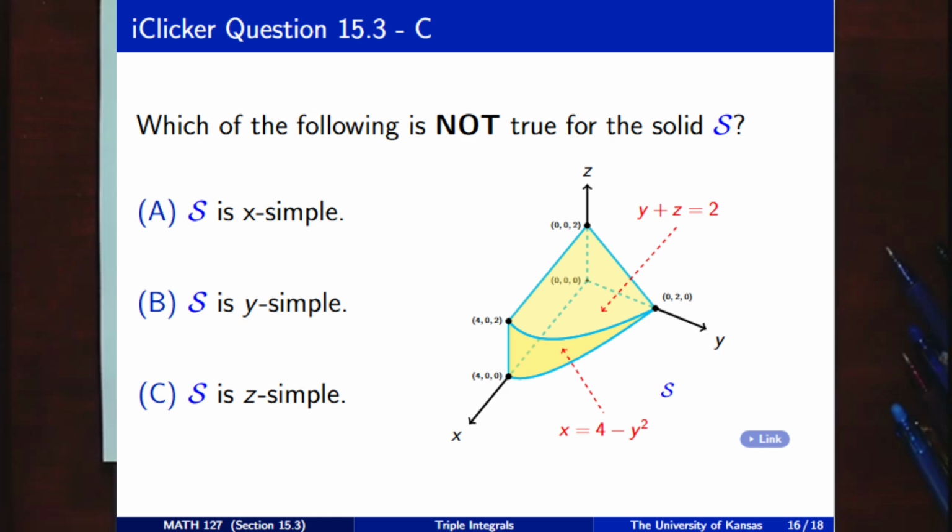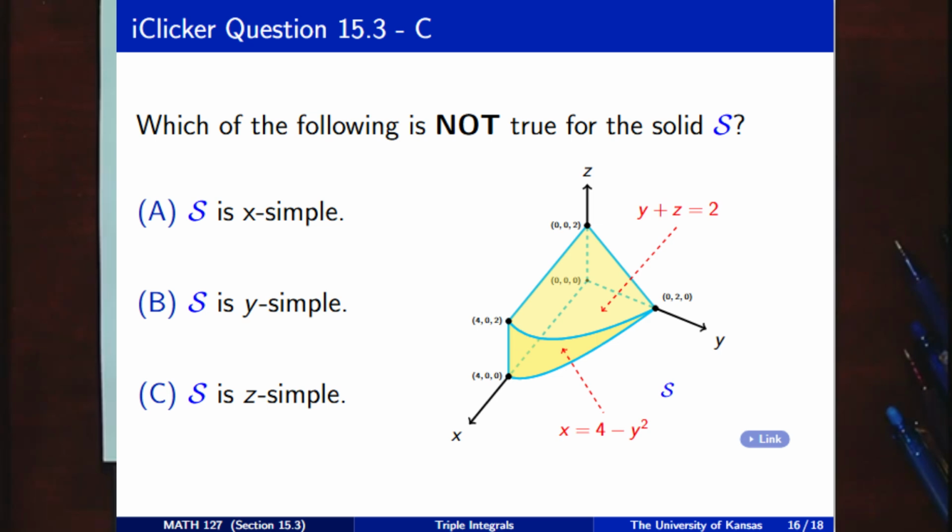Do you guys have the shape? This is the shape. Which one? Think about the 3D picture. I want you to think about the 3D picture. But the next thing that I wanted you to do is to imagine what surfaces can cause problems.